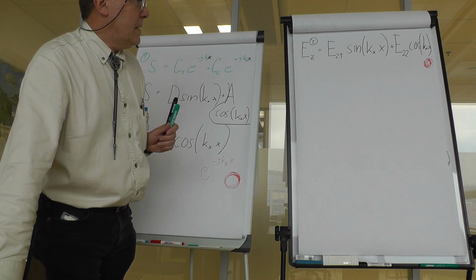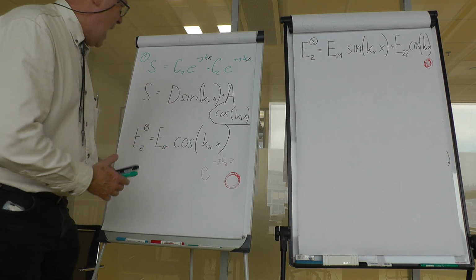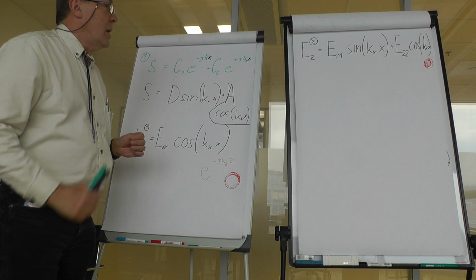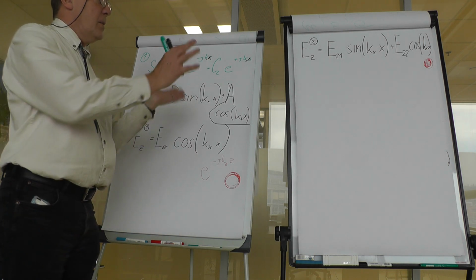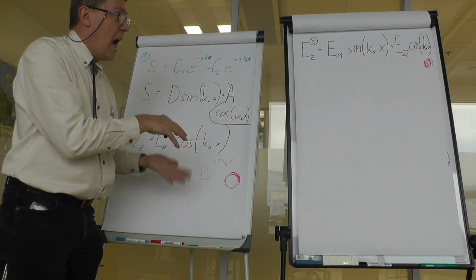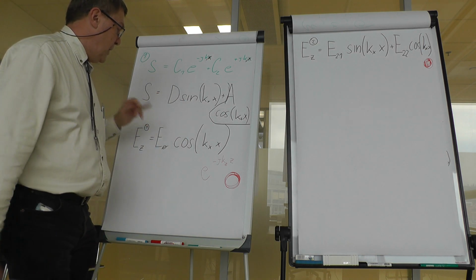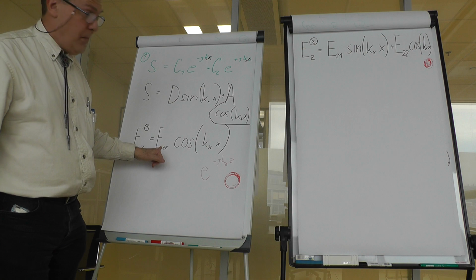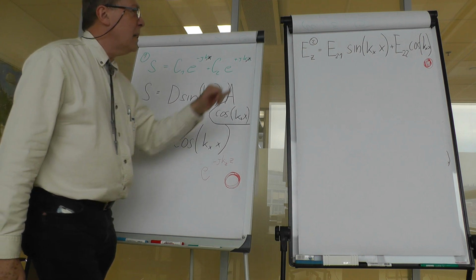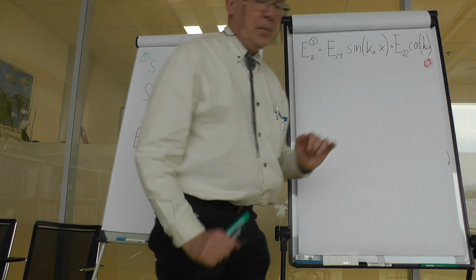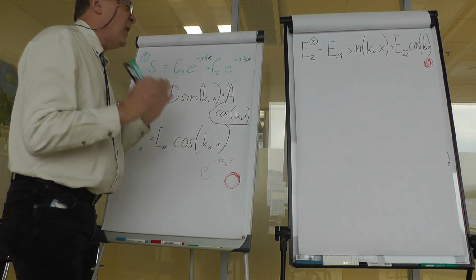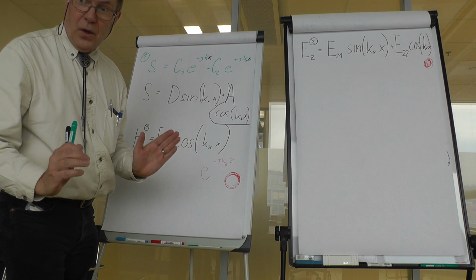So far we have 4 constants that we do not know. Otherwise we could already have written the result, but we do not know E0, we do not know Kx, we do not know E21 and E22. So in fact we have 4 constants that are not known.